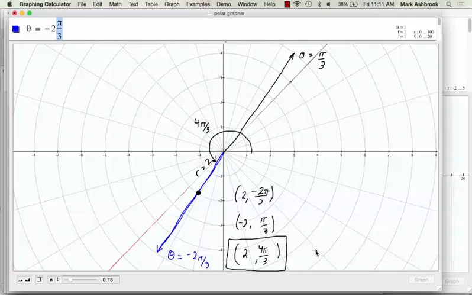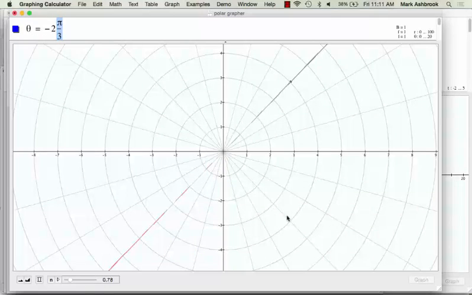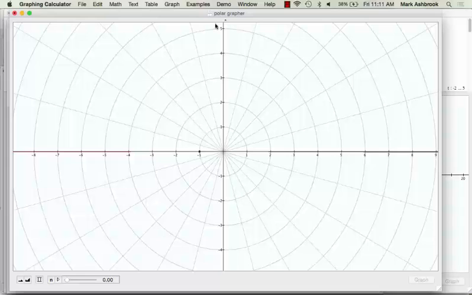Other questions? Okay, so we want to talk about polar graphs. Let's look at r equals 2 sine theta.